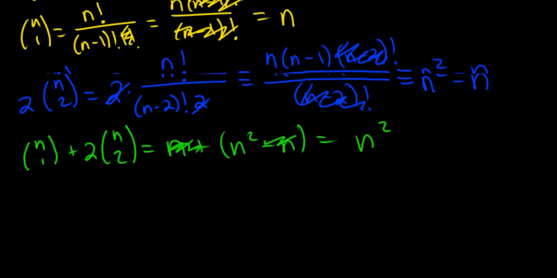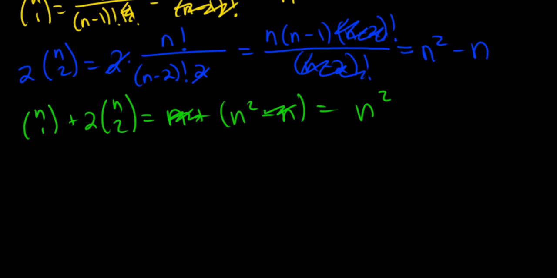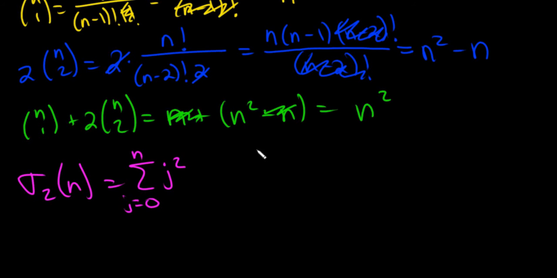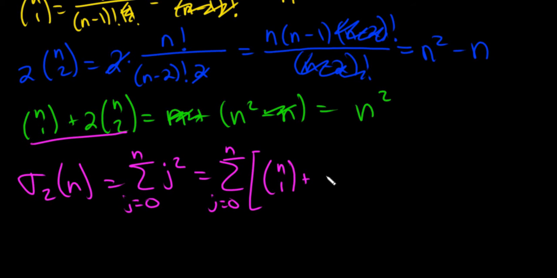Now, by definition, sigma 2 of n is equal to the sum from j equals 0 to n of j squared. Well, we can rewrite j squared as j choose 1 plus 2 j choose 2. So that will be the sum from j equals 0 to n of j choose 1 plus 2 j choose 2.